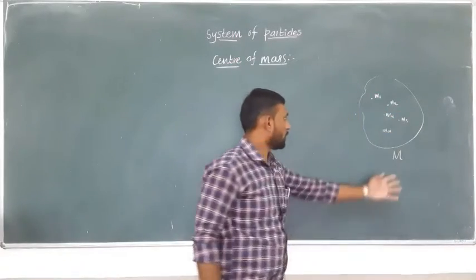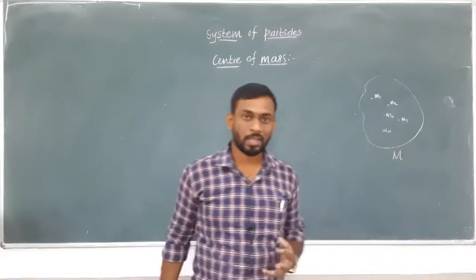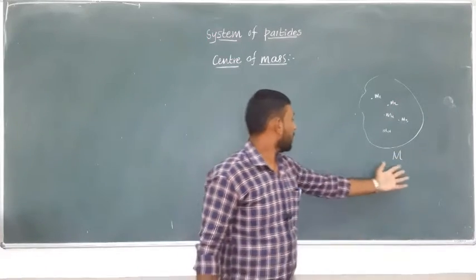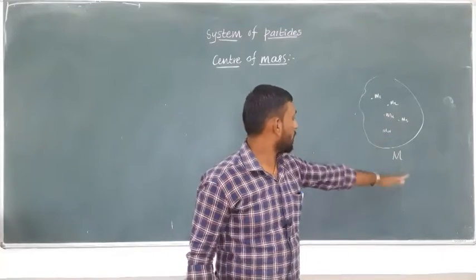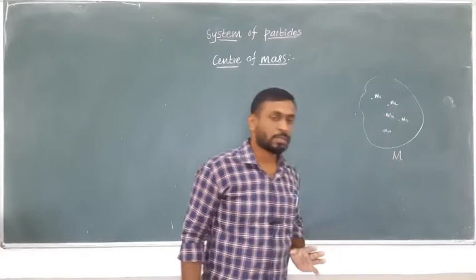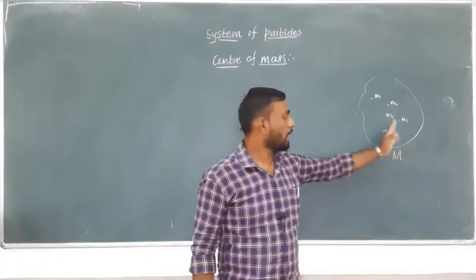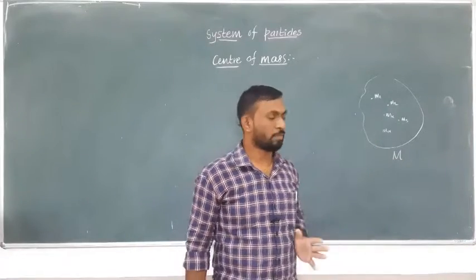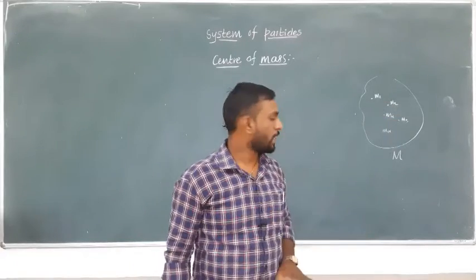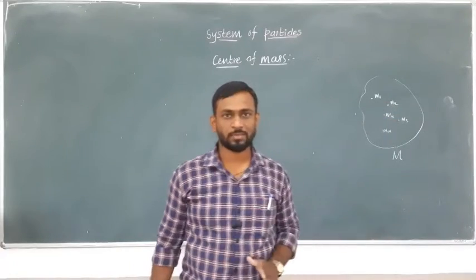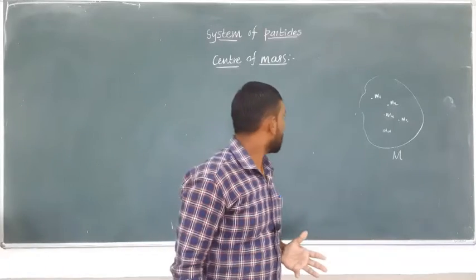So this system consists of n number of particles, where n is a natural number basically. M is the mass of this system, which consists of n particles m1, m2, m3, and so on. If you sum up all those masses of the particles, we get the total mass of the system. So these are the basics.